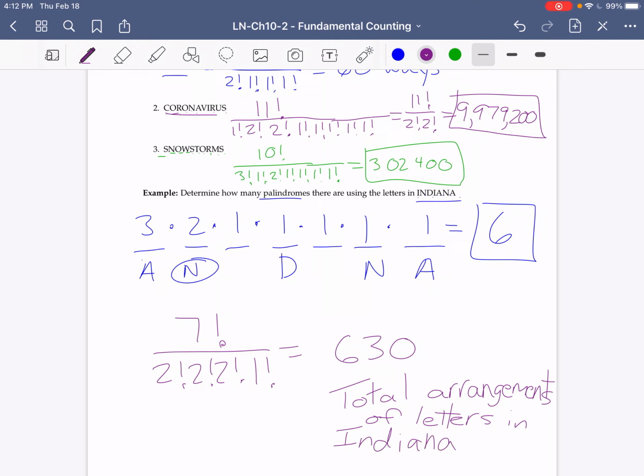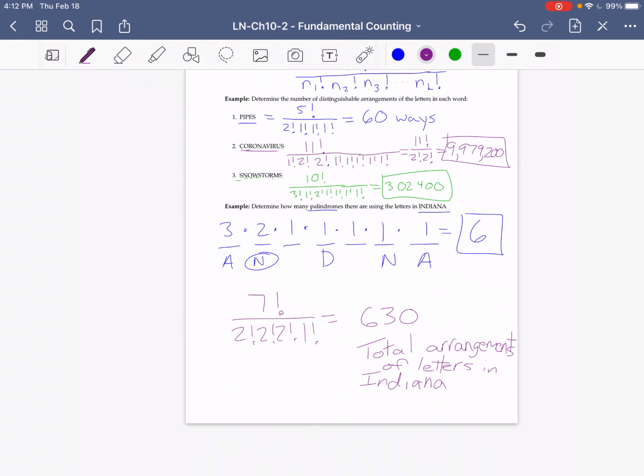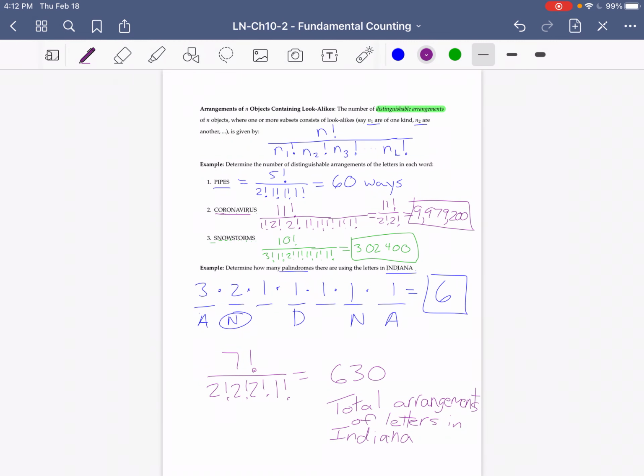However, only 6 of those are the same forwards and backwards. Only 6 of those have the letter D in the middle, the 2 outer letters being the same, the next 2 being the same, and the next 2 being the same. That's it for section 10.2. We will talk to you guys later.